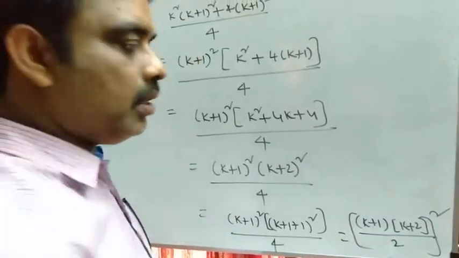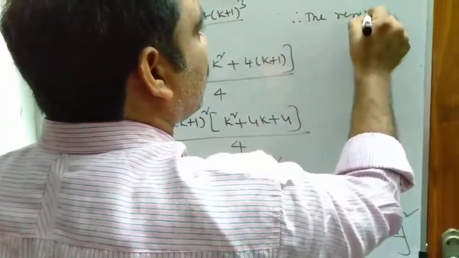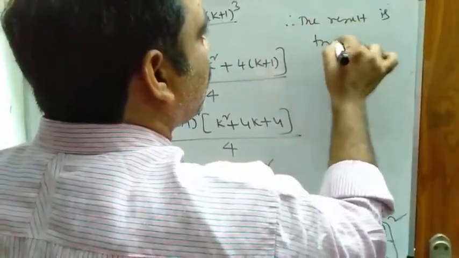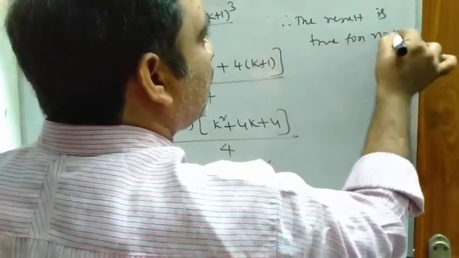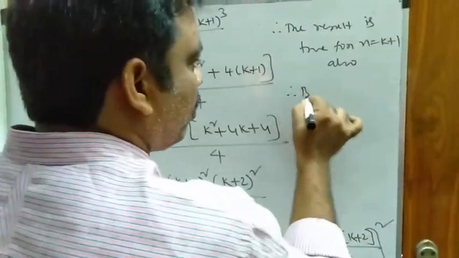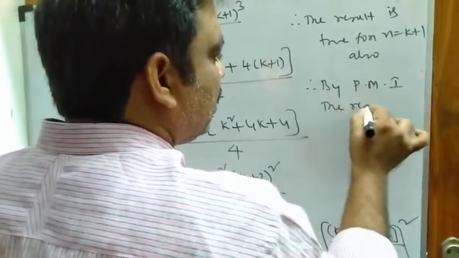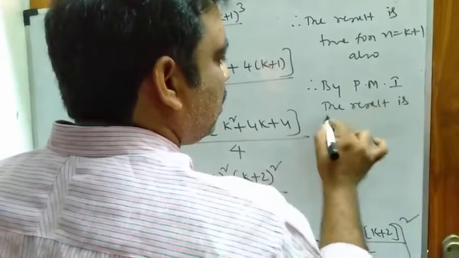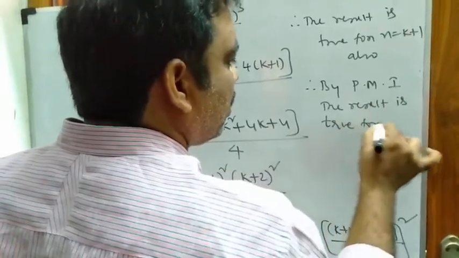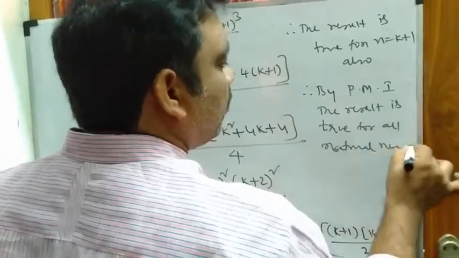That means the result is true for n is equal to k plus 1 also. So therefore, by principle of mathematical induction, the result is true for all natural numbers.